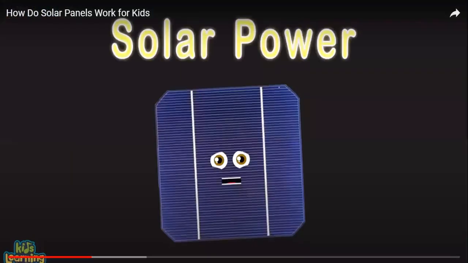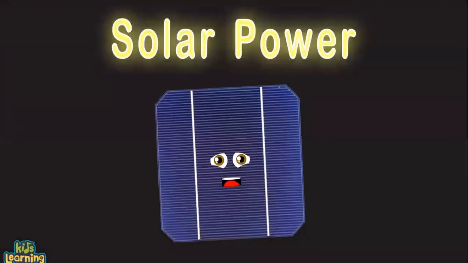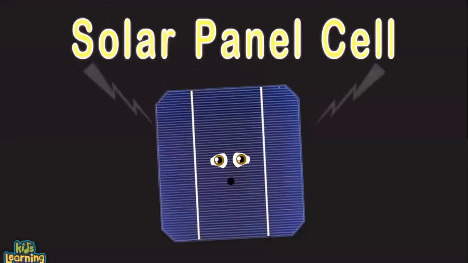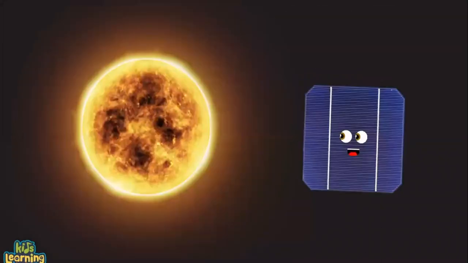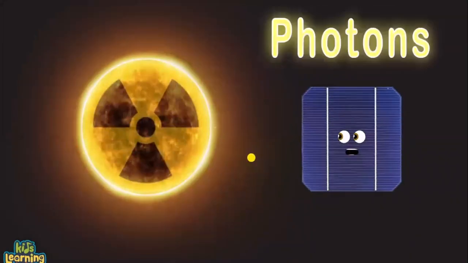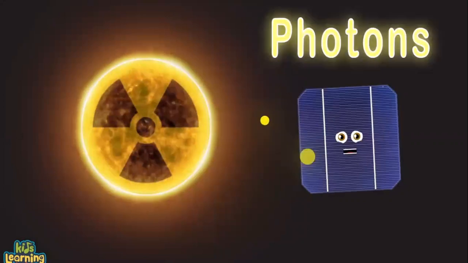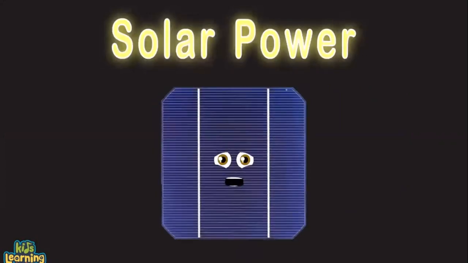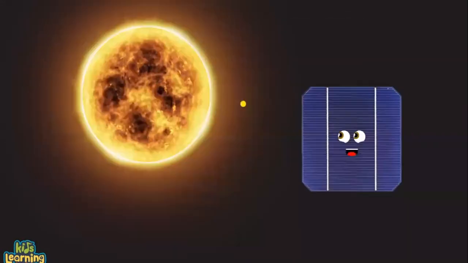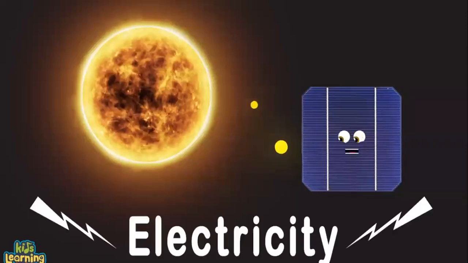This is a solar expedition on renewable energy. We'll see how solar panel cells produce free electricity. Our sun's a nuclear reactor shooting photons at us for free. Let's harness this power through silicon into batteries. What is solar power? It's the conversion of energy from our sunlight into electricity.